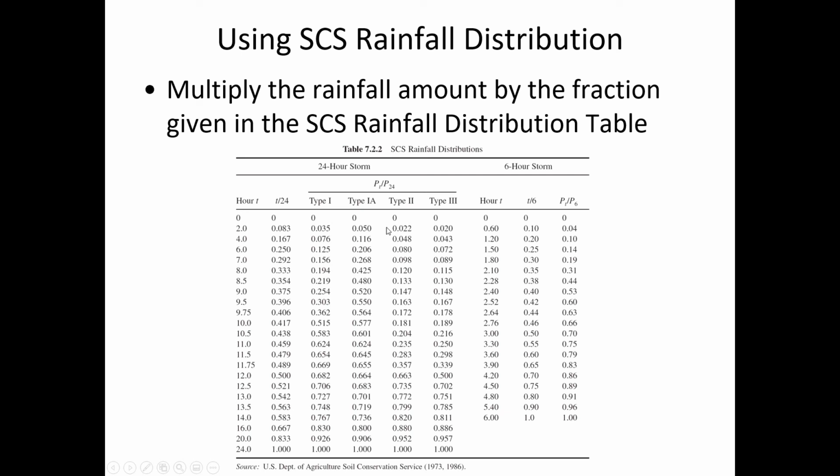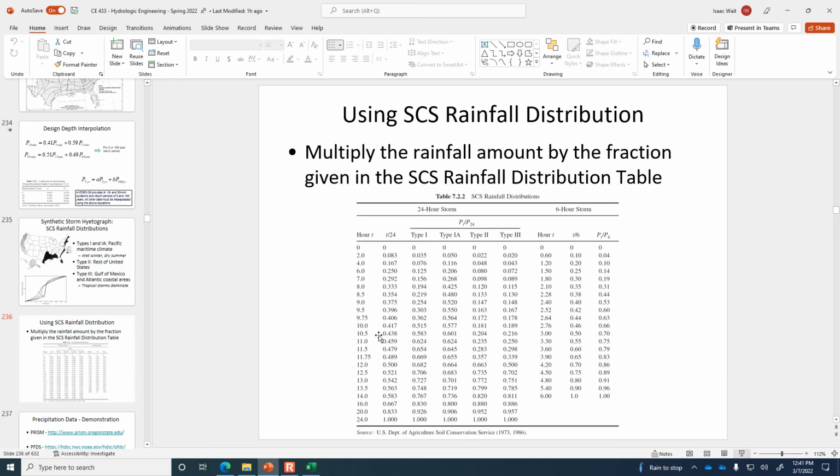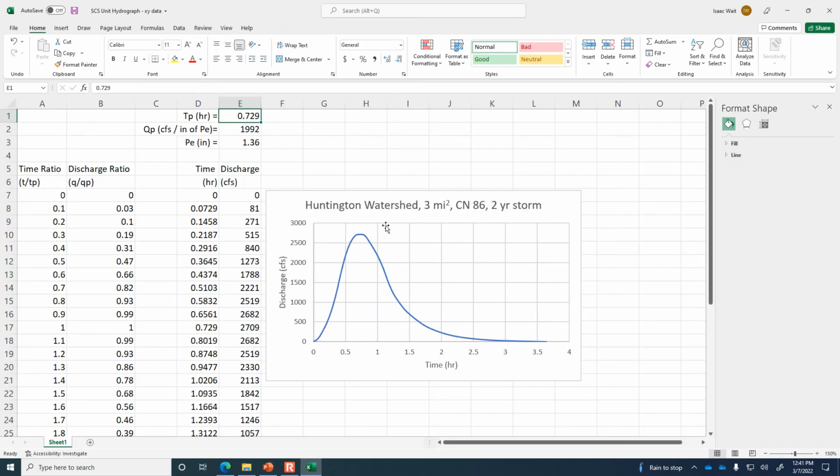So WMS will use this distribution and it will step through a simulation where every 6 minutes, 10 minutes, 15 minutes, whatever you specify, what it'll do is it'll just look at the tiny little bit of rainfall that's happened during that time, and then it's going to send it through the calculations of how much precipitation excess is there for just that 15 minutes worth of rainfall. And then therefore, it will stack together a bunch of successive unit hydrographs and make one combined runoff hydrograph from that step-by-step approach.